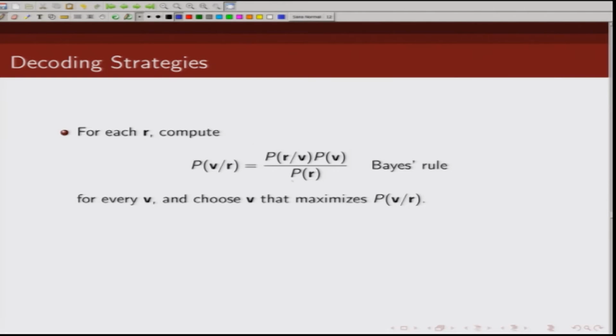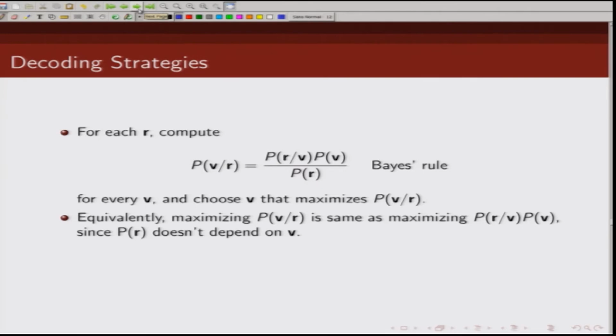Now, again the choice of V does not change the probability of R. So, maximizing this is nothing but maximizing this quantity, because the other quantity does not depend on the choice of V. Okay.